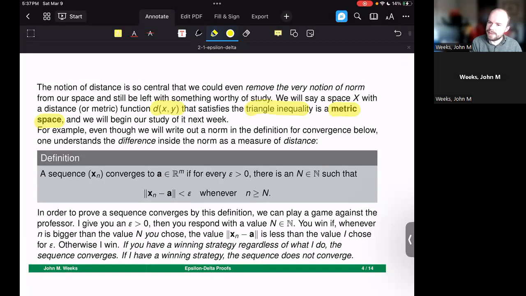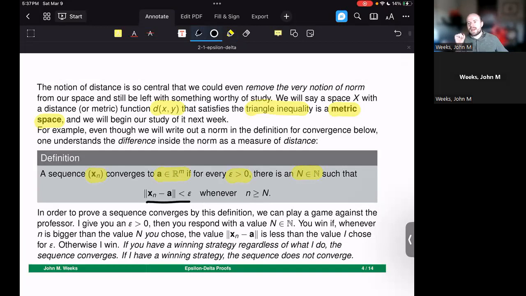Notice the slight generalization of this definition, this being a sequence x sub n converging to a vector A in R^m. So instead of real numbers, these are vectors. We'll say that these vectors converge if for every epsilon greater than 0, there is a cutoff point such that the distance between the vector x sub n and the vector A is less than epsilon whenever n is greater than or equal to this cutoff point.